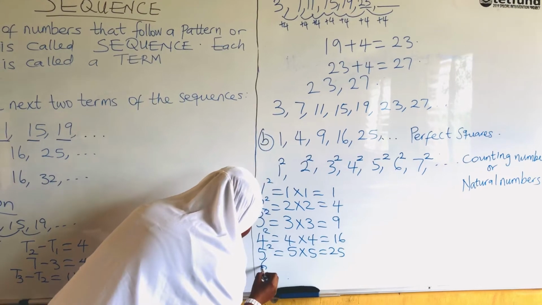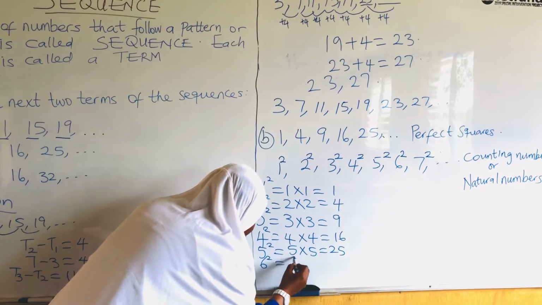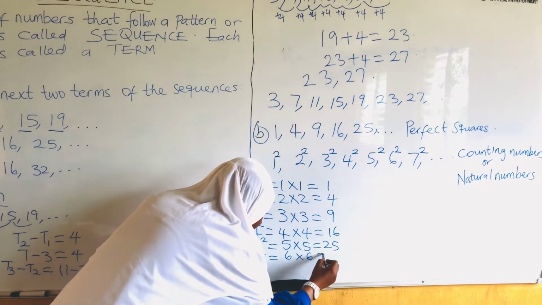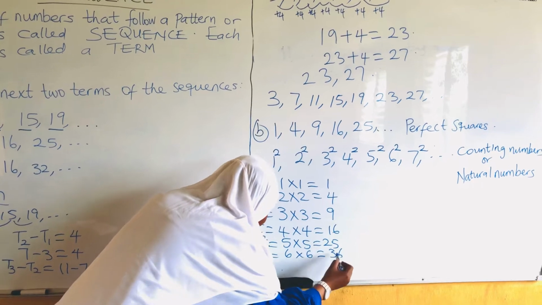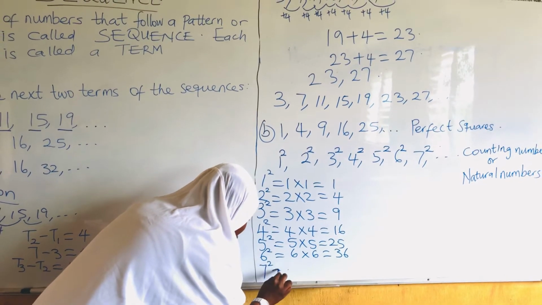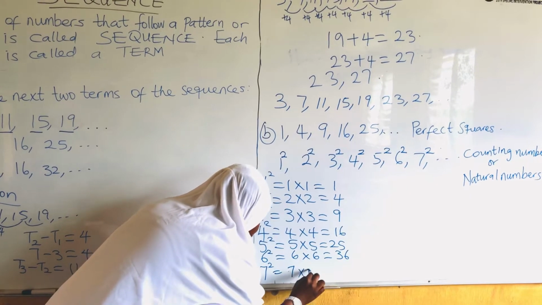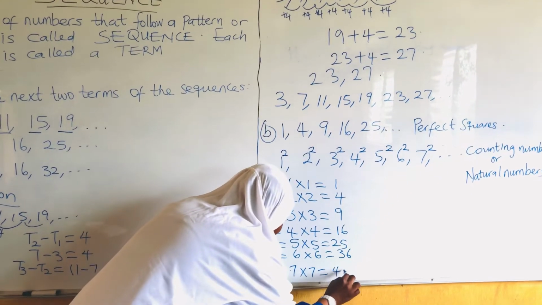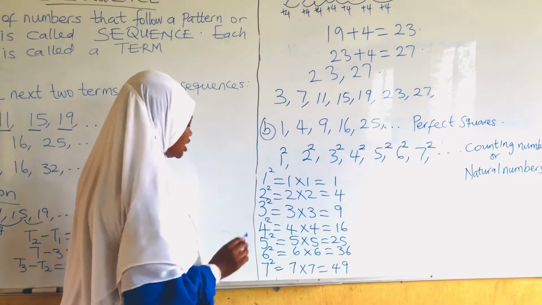Followed by 6 squared means 6 times 6. It gives 36. 7 squared means 7 times 7, and it gives 49. And so on, you'll be doing it that way.